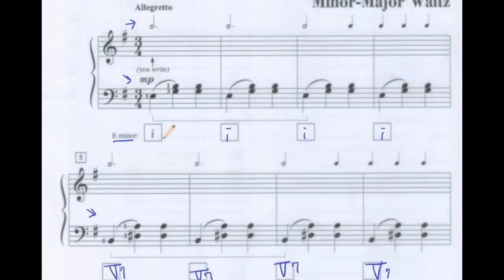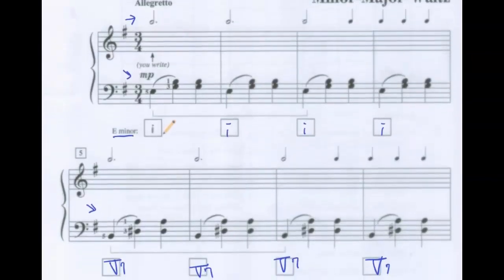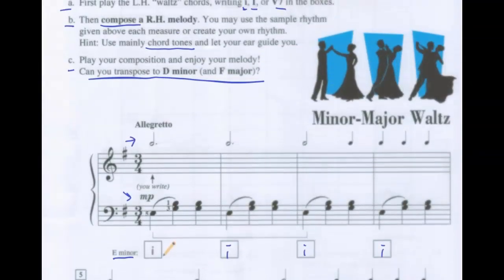And let's start composing. For the melody, as you see here, I'll use mainly chord tones. The chord tones are E, G, and B here, right? So you can choose among the 3 of them. In this case, I'm going to choose E, the tonic note, and I'm just going to follow the rhythm here.